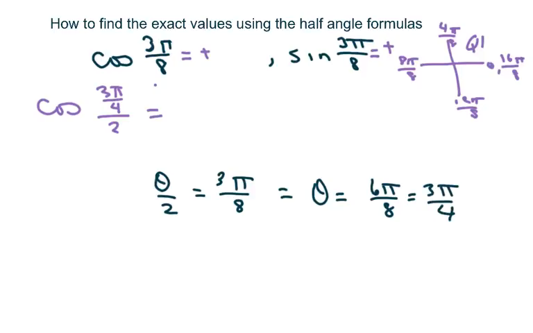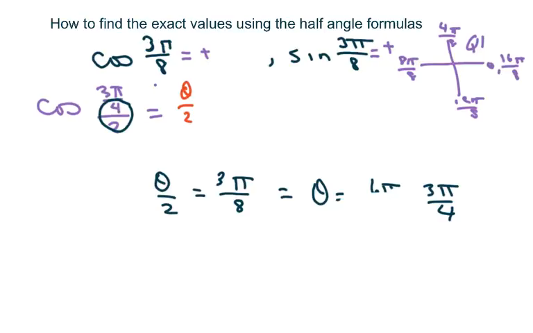Usually when you do this a lot, you just know that 4 times 2 is 8, and you can do it mentally. But we now have this as theta over 2, so this is really matching up to our formula.